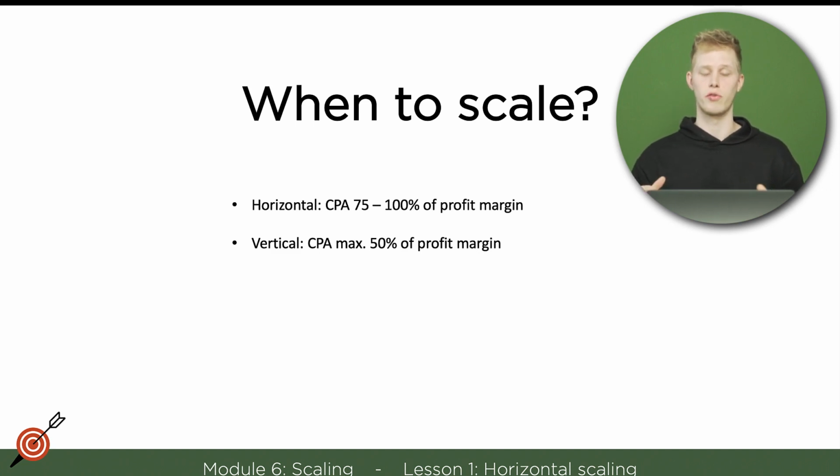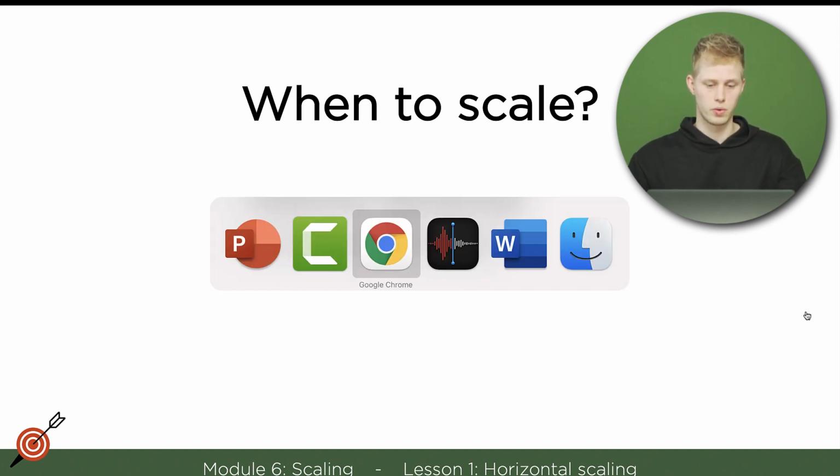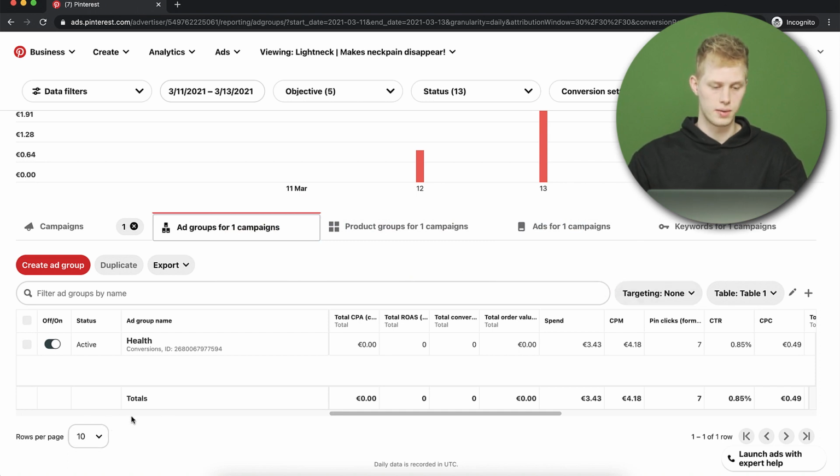But usually overall, if the average CPA is above 75% of your profit margin, then I'm not going to scale yet. And if it's below 50% of my profit margin, then I'm going to scale vertically, and I'm going to start using target CPAs. All right, in this video I'm now going to show you how we're going to scale horizontally.